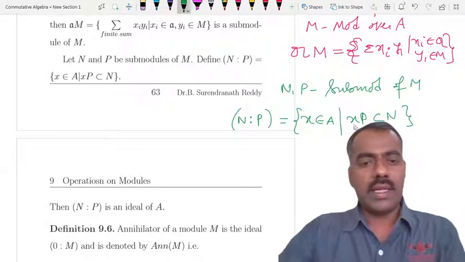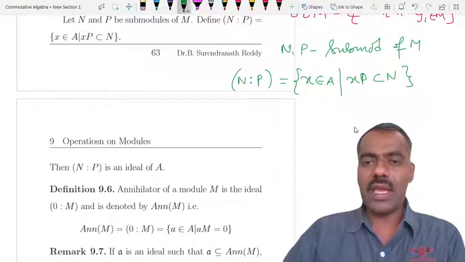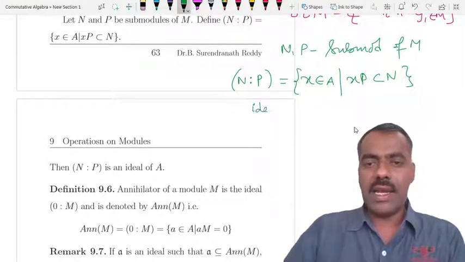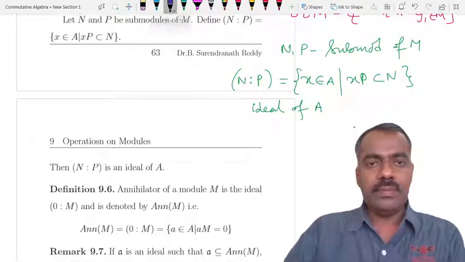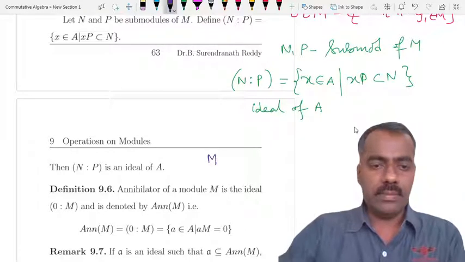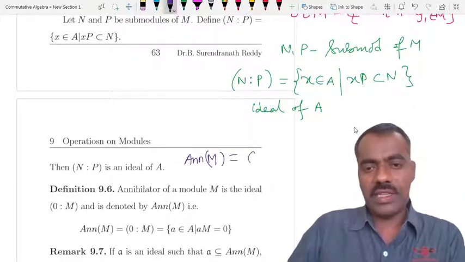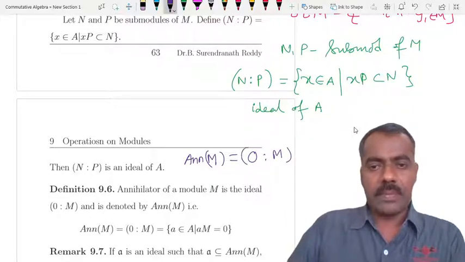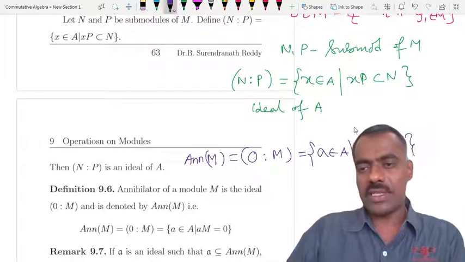Then you can check that it is an ideal, because it is a subset of A, and we can show that it is clearly an ideal of A. Once this is an ideal, you can define the annihilator of m, as all the elements of the ring which kill m, that is, a times m is 0.